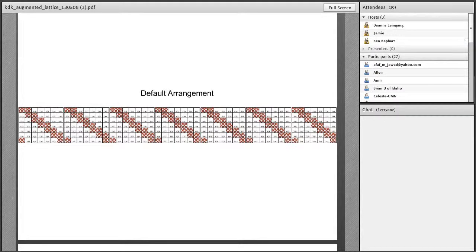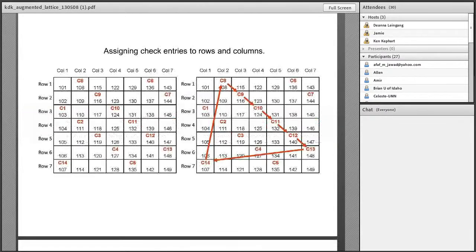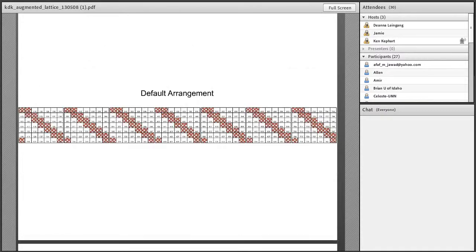Now you have a choice here in that one of these diagonals will remain static. The checks will appear in the same location, relatively speaking, within each of these blocks from rep to rep to rep. Therefore, they stay static where they appear within the incomplete block from rep to rep to rep.